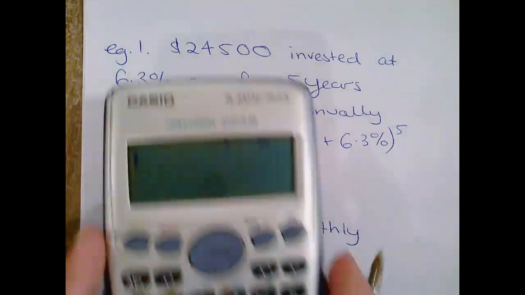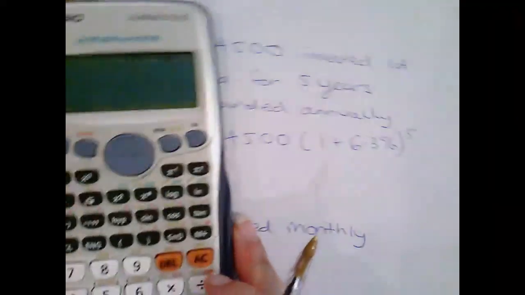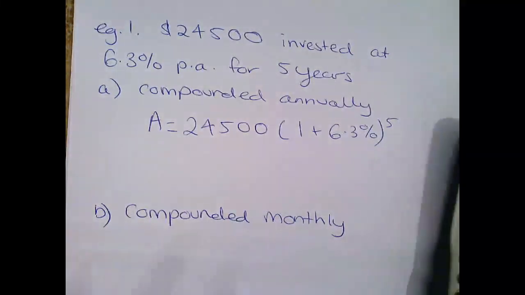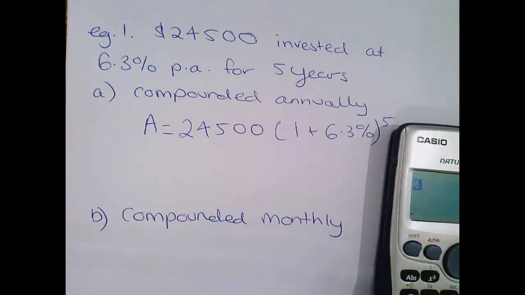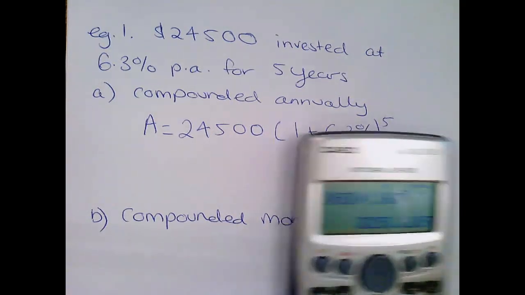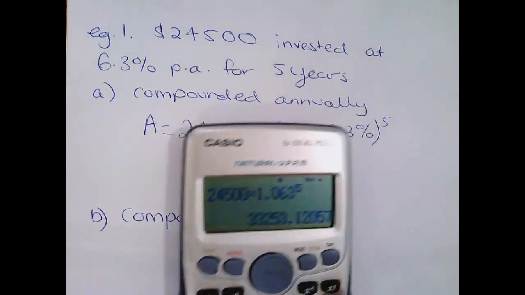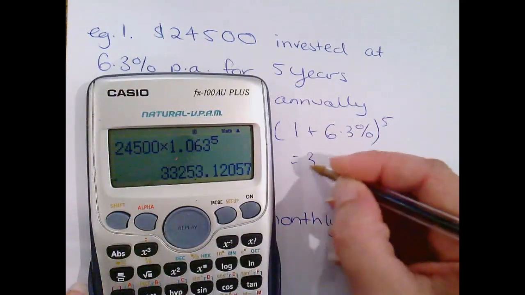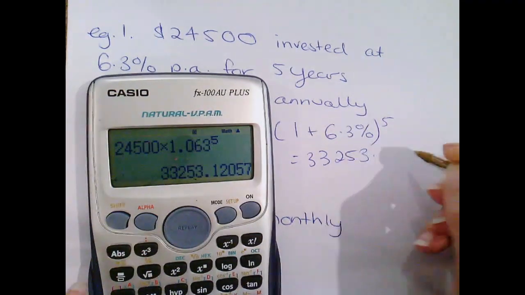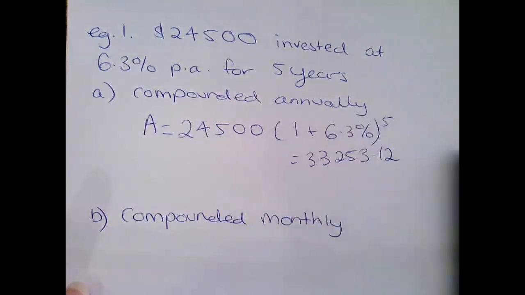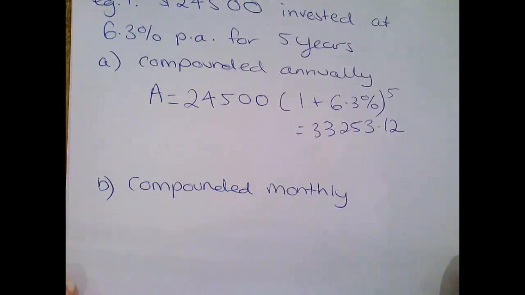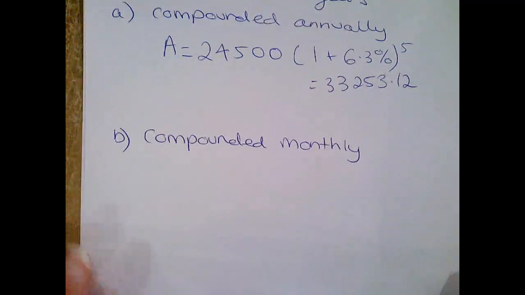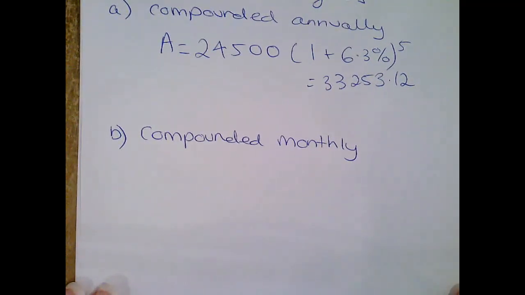Okay, so using the calculator, trying to work this out. Okay, so you can see we get that amount in there. 33,253.12.